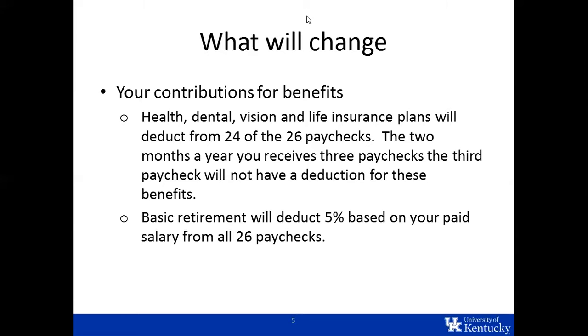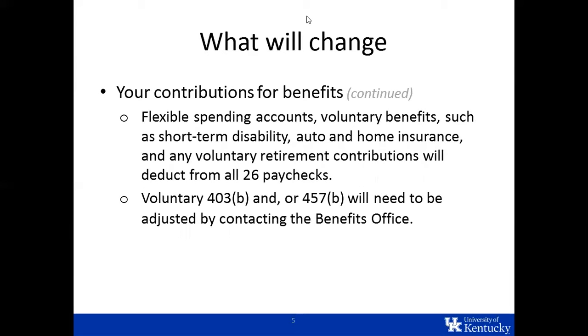Now, other benefits like retirement, on this slide I have the basic retirement, the 5% of your base, or on this next slide I have also the flexible spending, voluntary benefits, such as short-term disability, and the other voluntary retirement contributions. Those follow your pay.